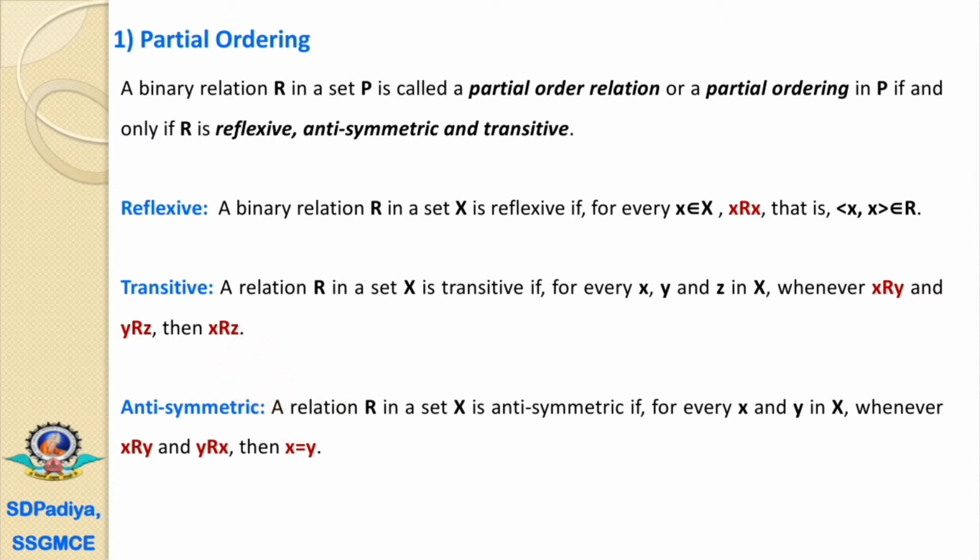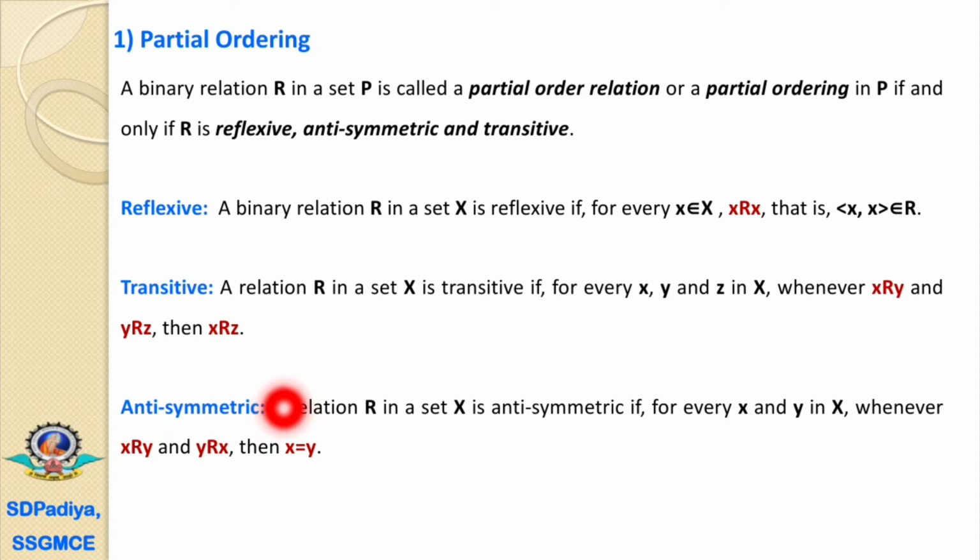The third is antisymmetric. A relation R in a set X is antisymmetric if for every x and y in the set X, whenever x has a relation R to y and y has a relation R to x, then x is equal to y.